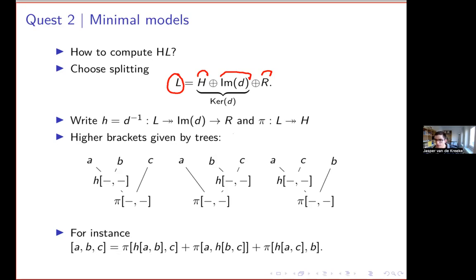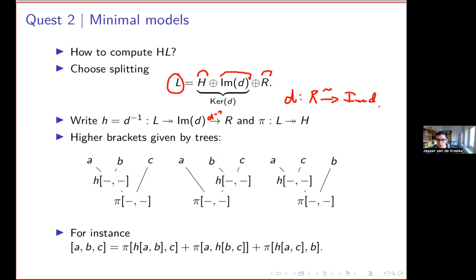Okay, so there are a few auxiliary maps here. Note that the differential D vanishes on the kernel. So in particular, it maps R bijectively to the image of D. And if you take the inverse map of that, which I've written here, you compose with a projection along this decomposition.